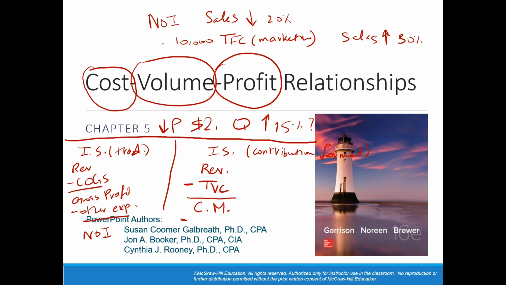Then finally, we deduct total fixed cost to end up with the same net operating income, which is identical to the traditional format net operating income. This value is called contribution margin because it contributes to covering the total fixed expenses or fixed costs.